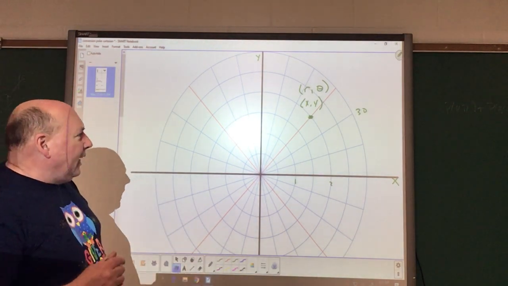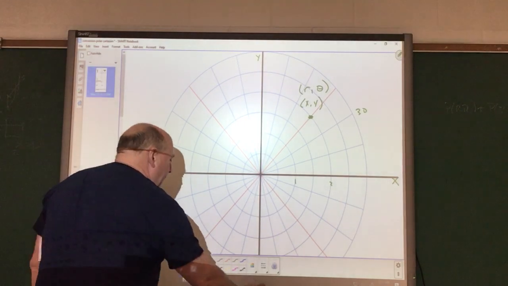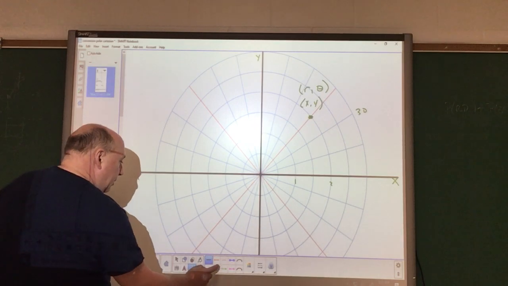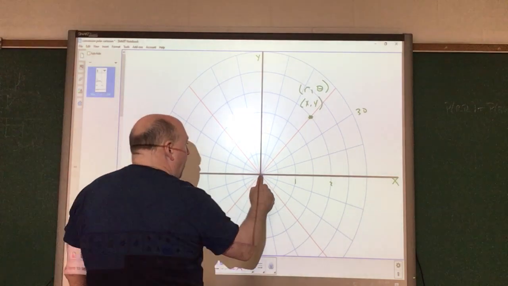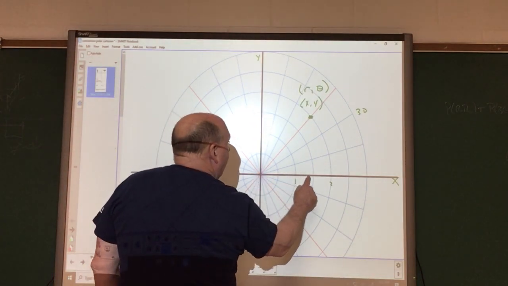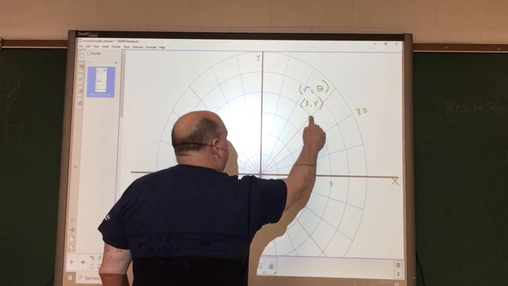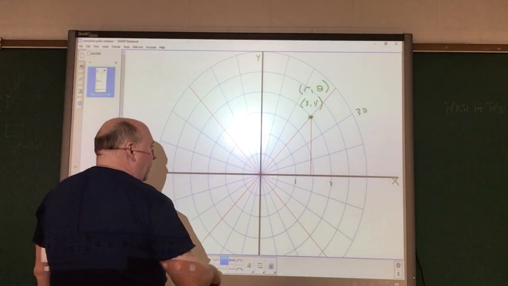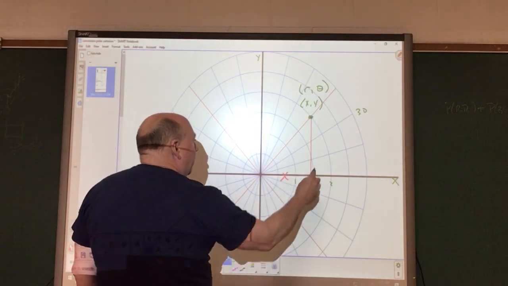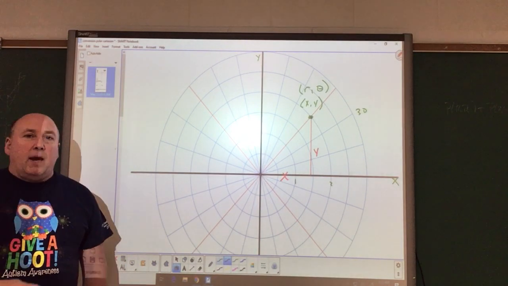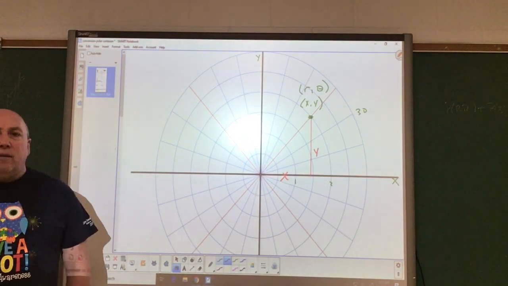So this point up here could be xy, or it could be r theta. Does not matter which one we utilize. Well, if I'm taking a look, how we determined xy was we would venture out to here, and then we would move up to here. This would be our x value, this would be our y value. So we have the x value and we have the y value there.